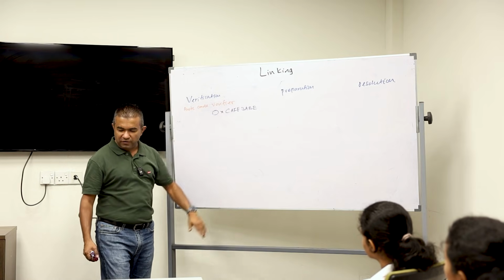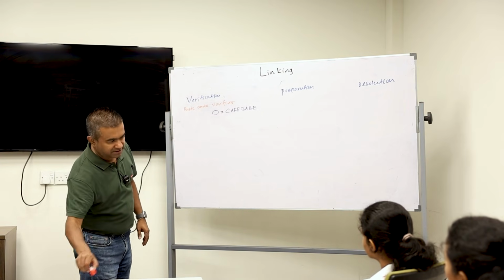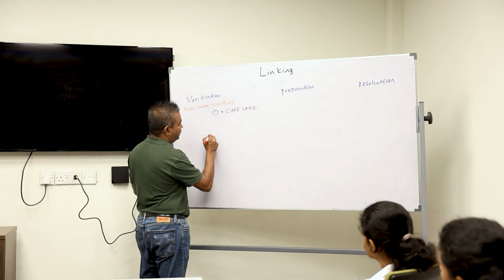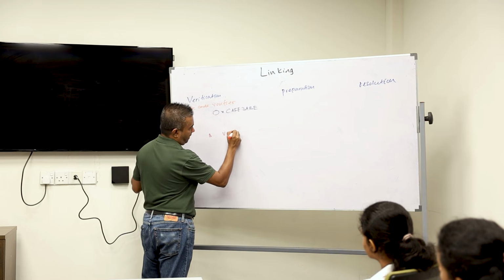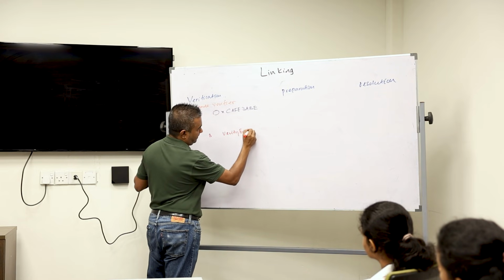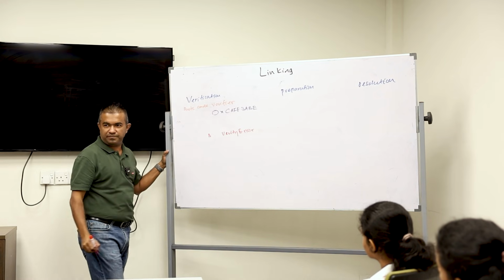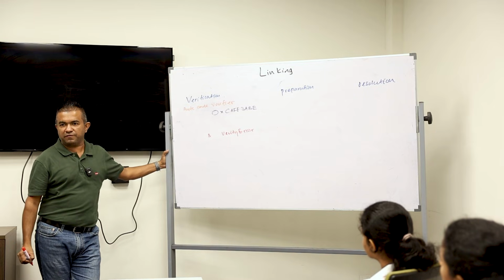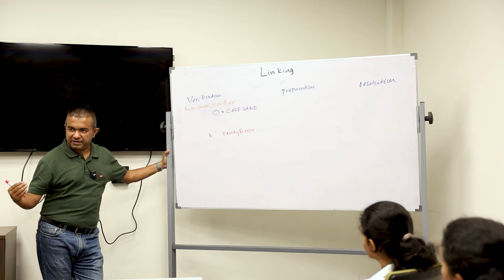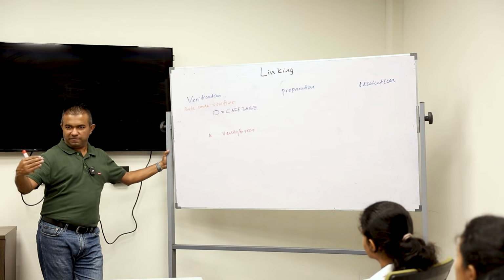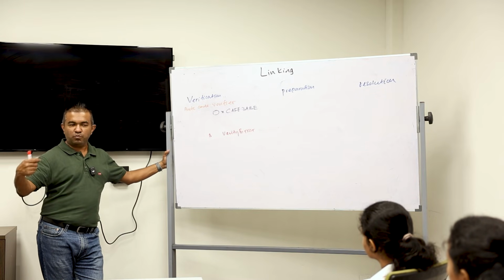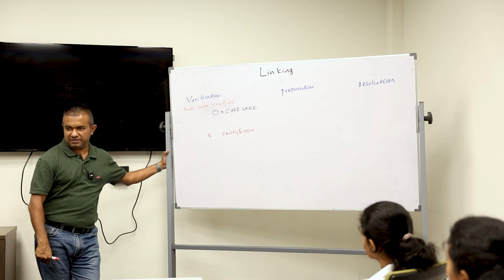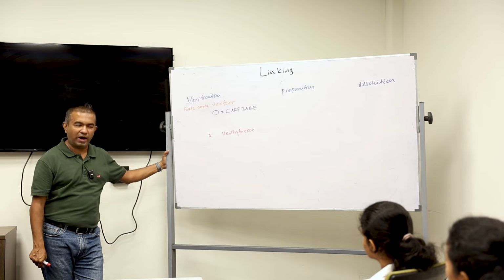If one of those fails, it throws a verify error. If you ever get a verify error, that means your class file was modified outside the compiler. That's most probably what can happen. Why?